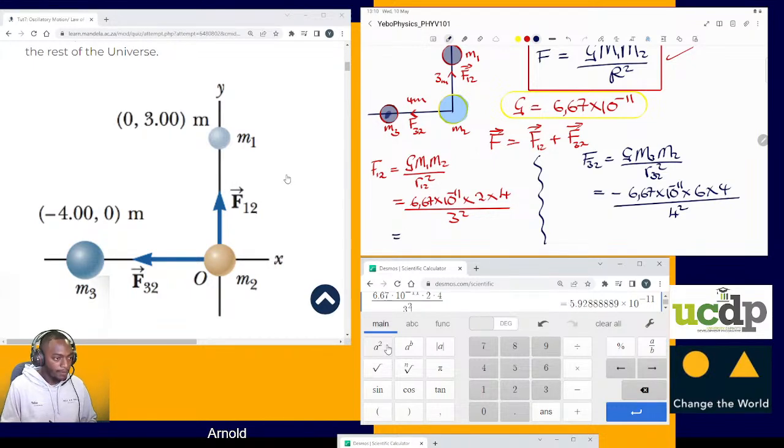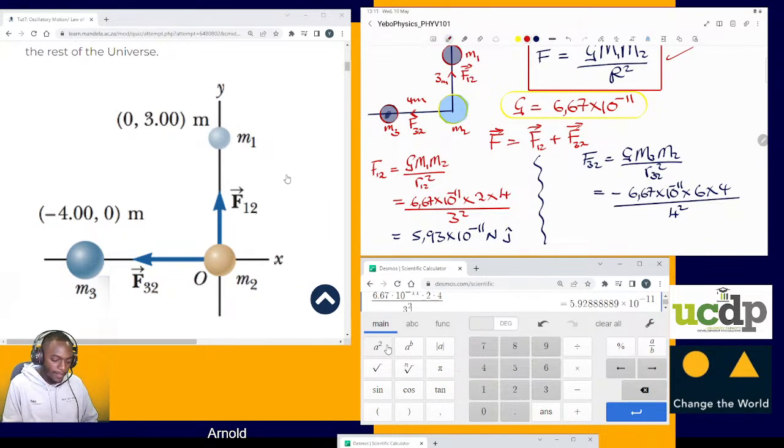That will be 5.93 times 10 to the negative 11 newtons, and this is in the J direction.